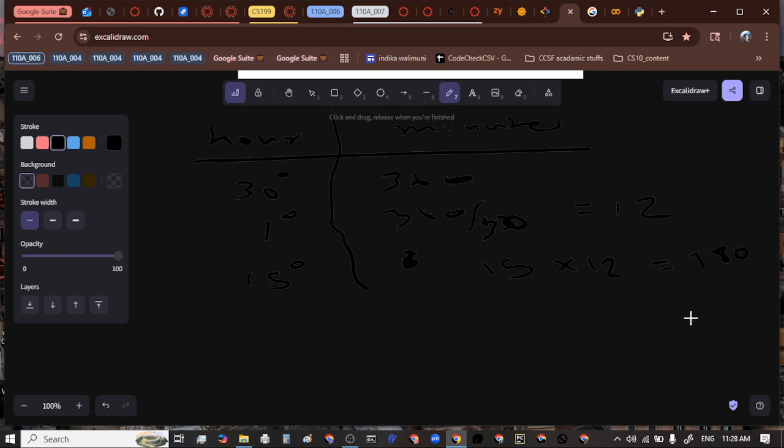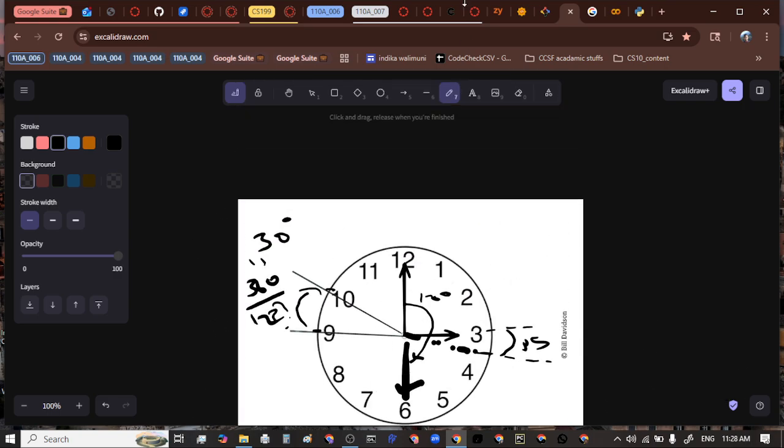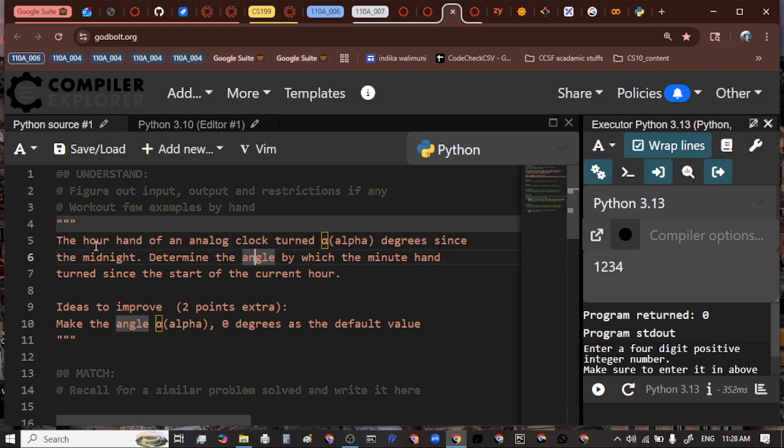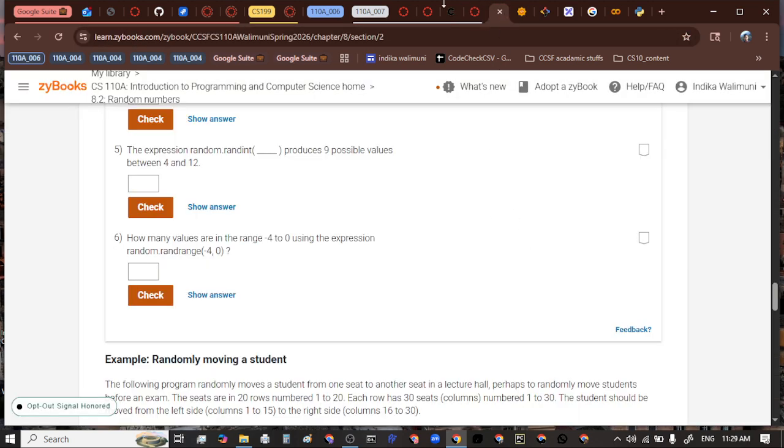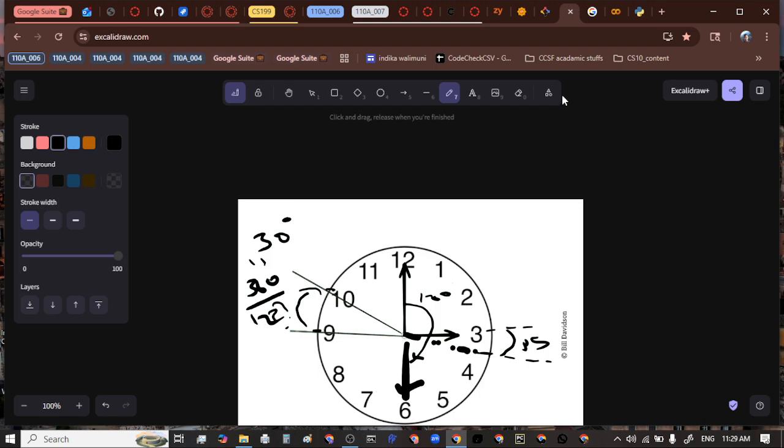So this is the scenario that the problem asks about. The problem says: the hour hand of an analog clock turns alpha degrees since midnight.